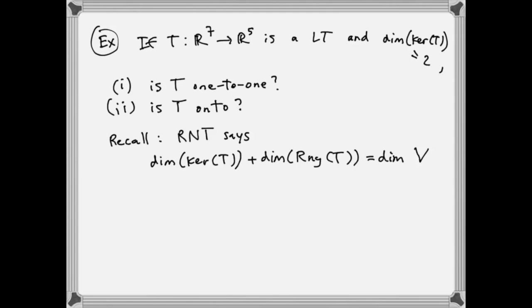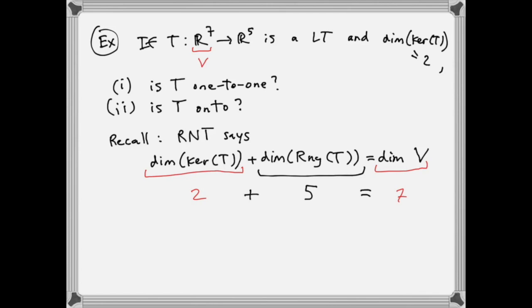Well, the dimension of V, we know that this is 7, right? Because this guy right here is our V. We also know the dimension of the kernel because the problem tells us that this is 2. This means that we can figure out what this is. This must be 5, right? Because 2 plus that number has to equal 7.